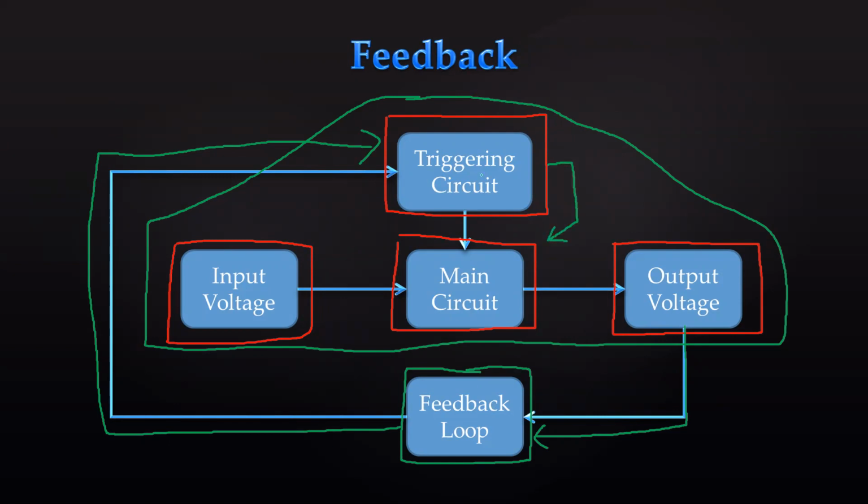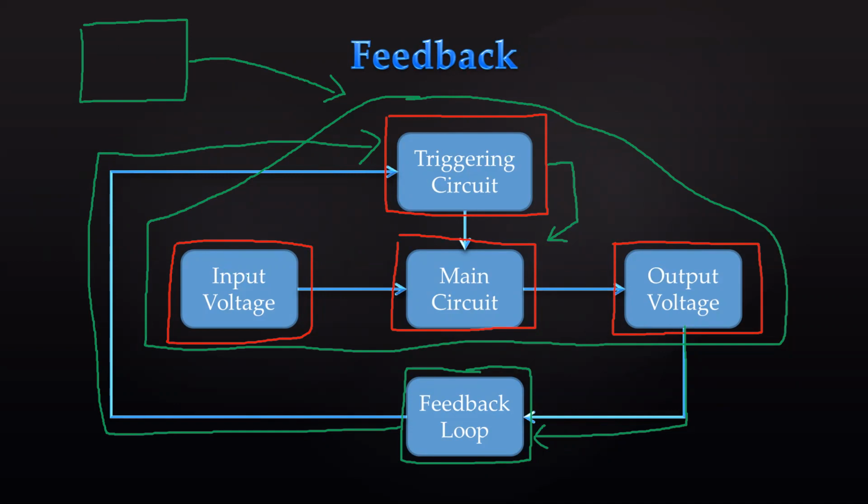And the cycle will go on until our reference voltage has arrived, right? A reference voltage means we need some reference which we will give to this triggering circuit: at what voltage do we need this buck converter to run, right?